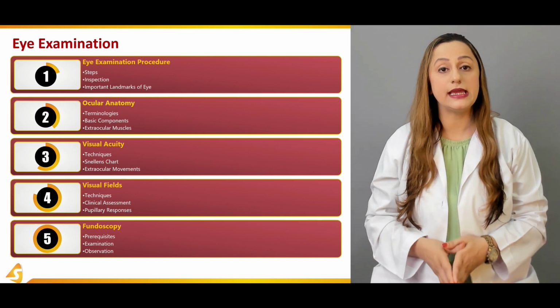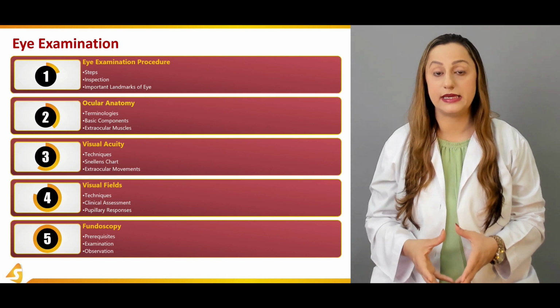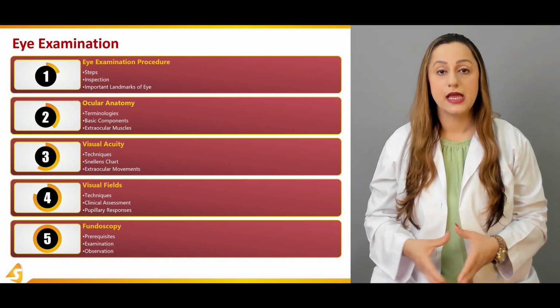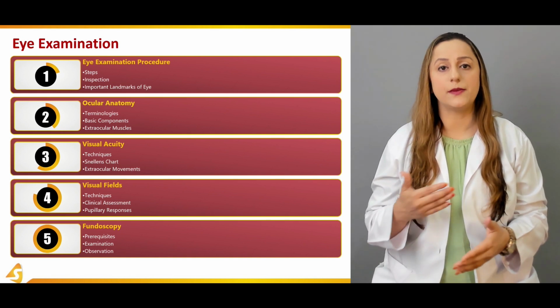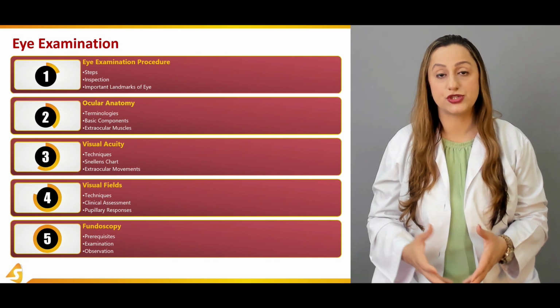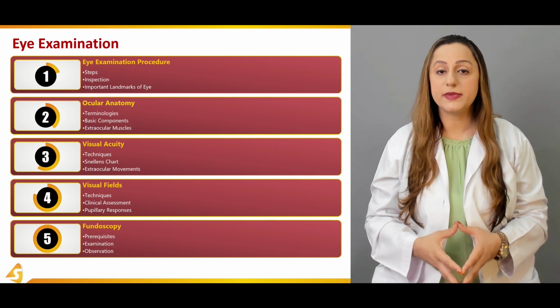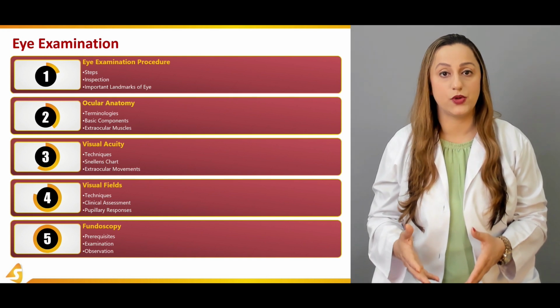As I've already said, knowing the ocular anatomy is the mainstay here. So we're not just going to start palpating, or percussion, or slit lamp examination. It's going to be a slow and steady procedure starting from the inspection of the eyeball.